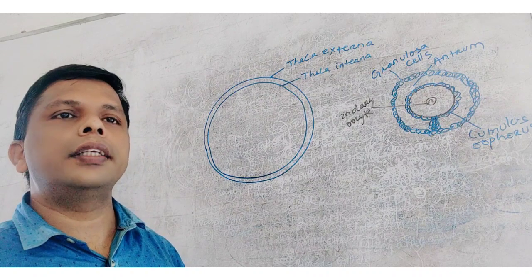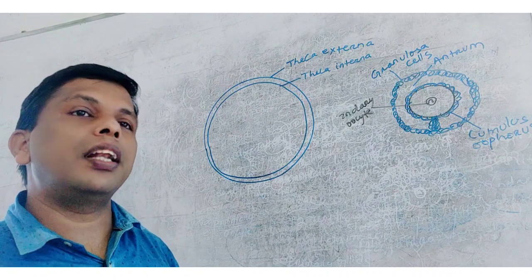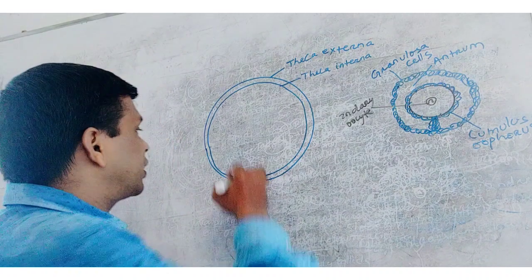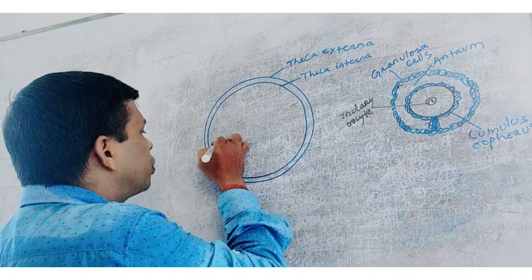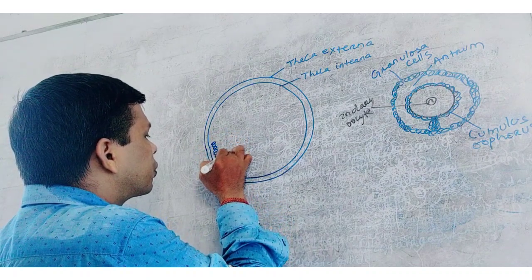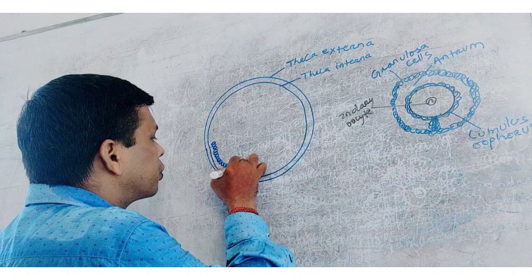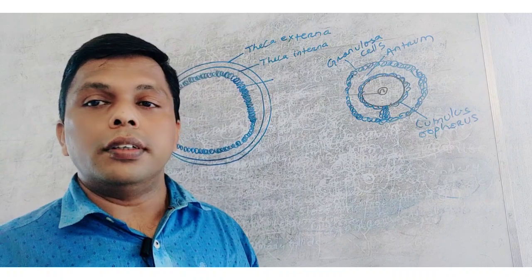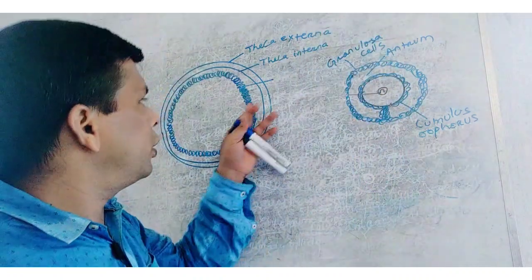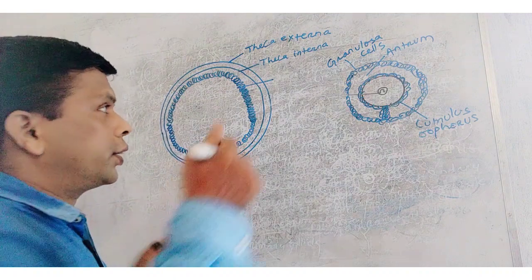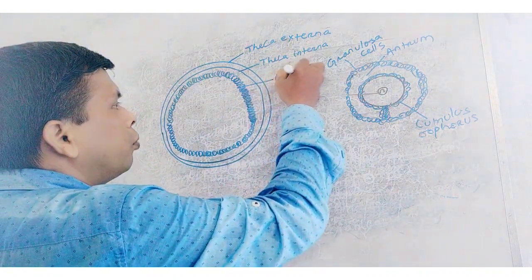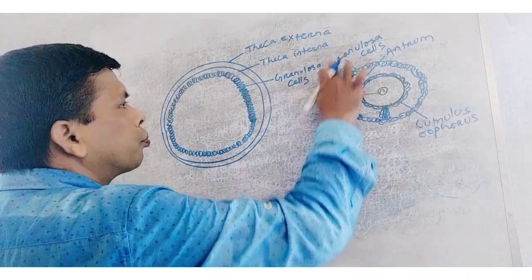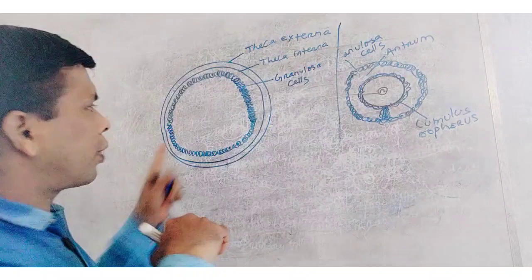Then there is a layer of cells called the membrane granulosa cells. Clear? So these are granulosa cells. This is the Graafian follicle.